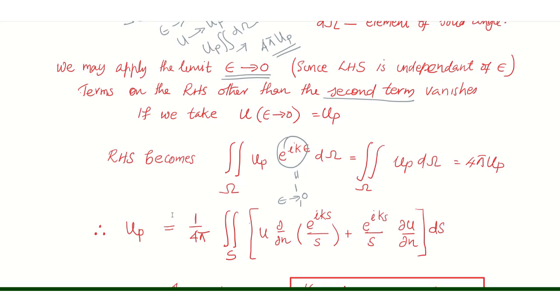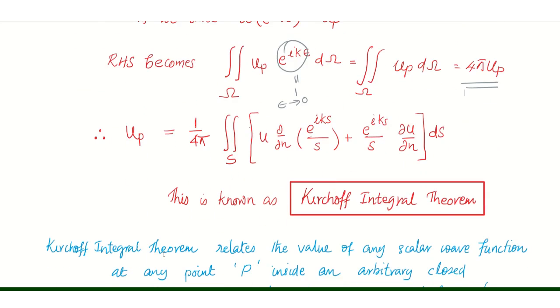Now we can rewrite the equation on the RHS of the main equation. You have this, and therefore the field distribution at the point P as a function will be 1 by 4 pi times this integral here, where u is our scalar wave function, and this is known as Kirchhoff's integral theorem.